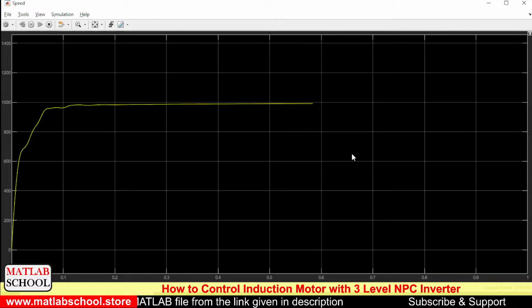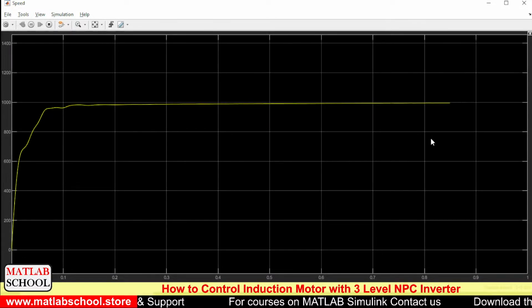So the speed is settling around 1000 RPM. Yes, here, as you can see, it has reached the speed of 1000 RPM. It will take a while to reach its maximum value. As you can see, at 0.9 second, the reference speed is reached.